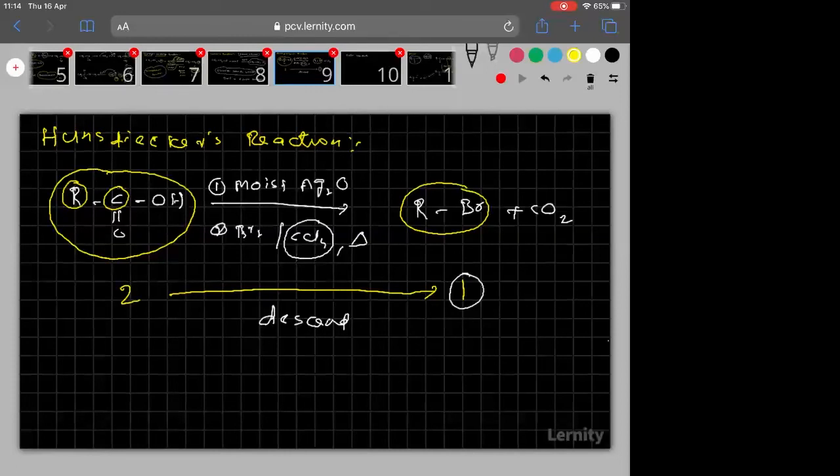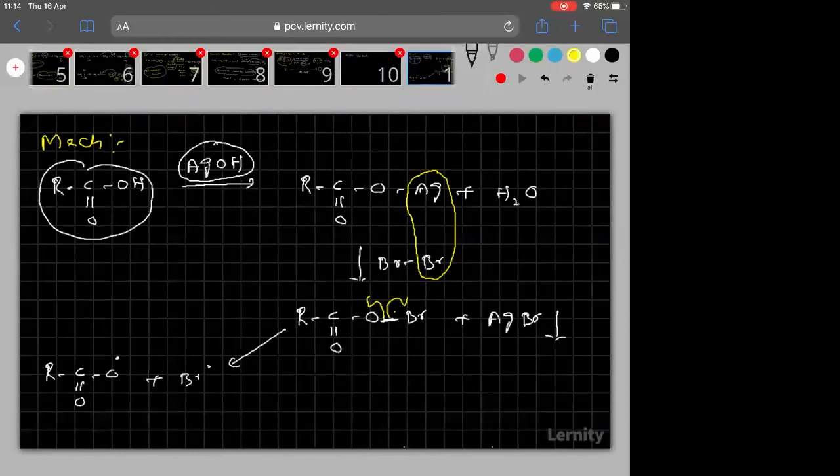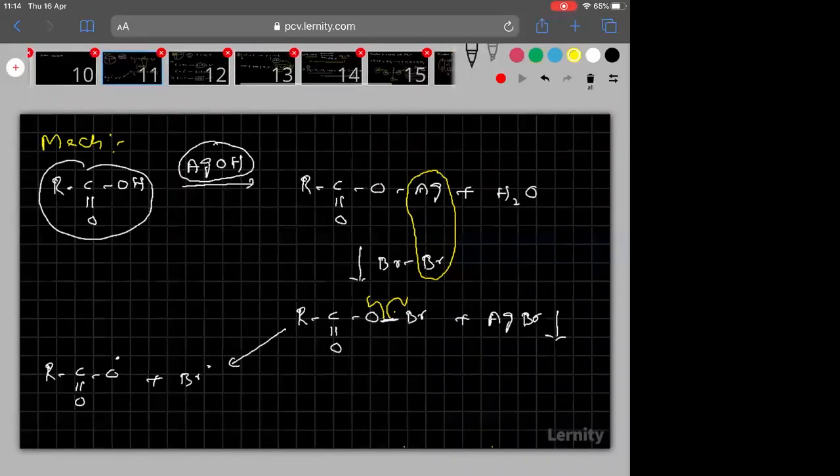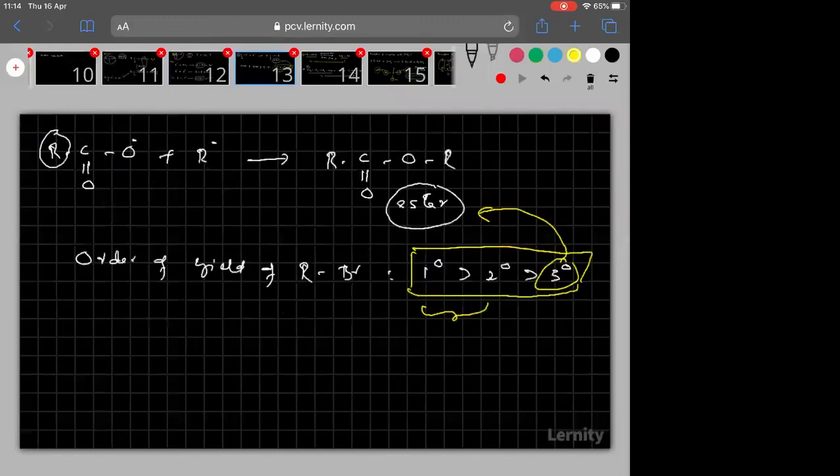Then after, mechanism of Hans-Dicker reaction. And you see here, mechanism. Then after, order of yield of bromoalkanes in Hans-Dicker.